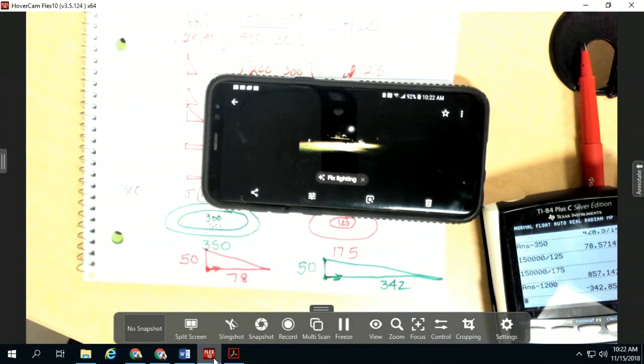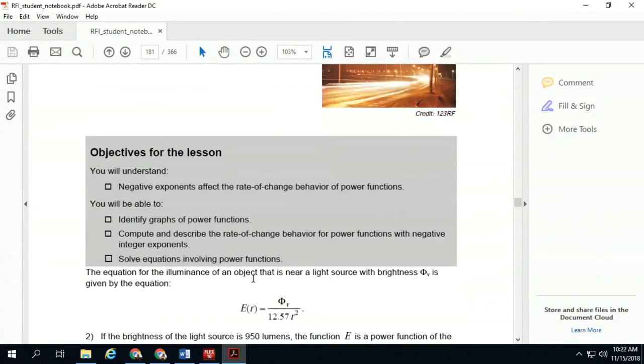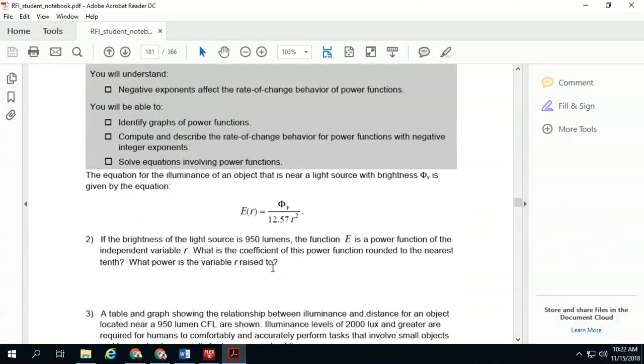They show you that in our problem in our book. It says the illuminance is the brightness divided by 12 times the square of the distance from the light source.